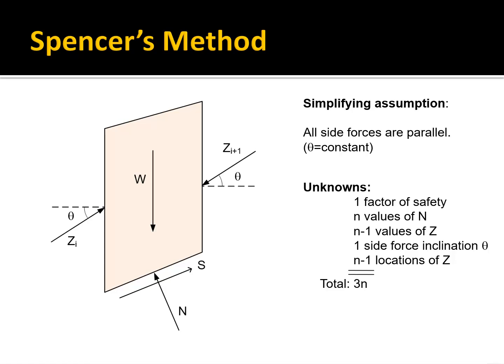So we have a single theta value. Therefore, our number of unknowns, this part right here, reduces from n minus 1 to 1. And we've also gotten rid of the n locations of N. So now we're left with, if you add what's left up, a total of 3n unknowns.